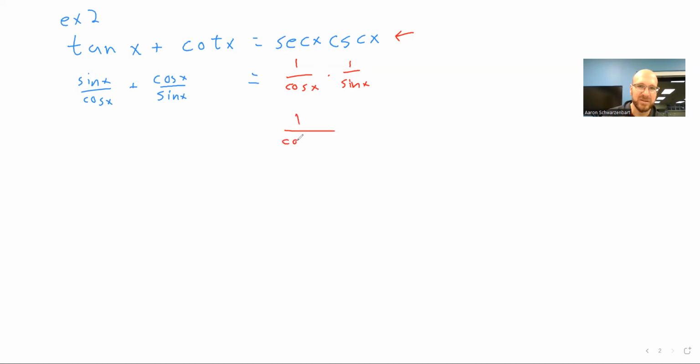To get this, I must multiply by some form of a clever name for 1. If I want cosine x sine x for my denominator, that's the wrong one. I must multiply the right one by cosine x over cosine x, and the left one by sine x over sine x.